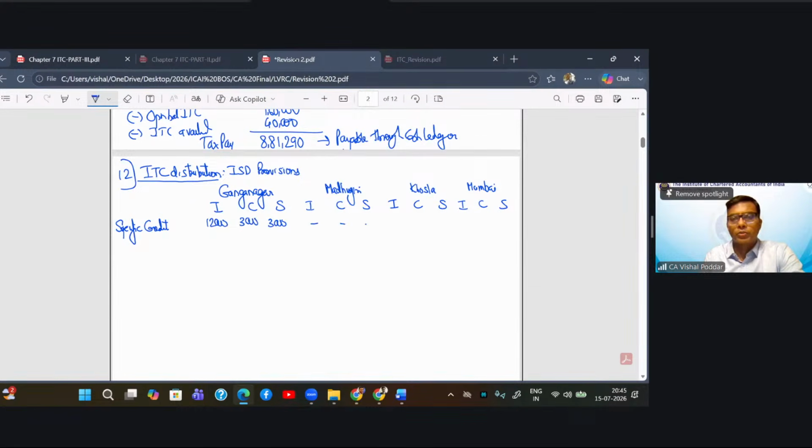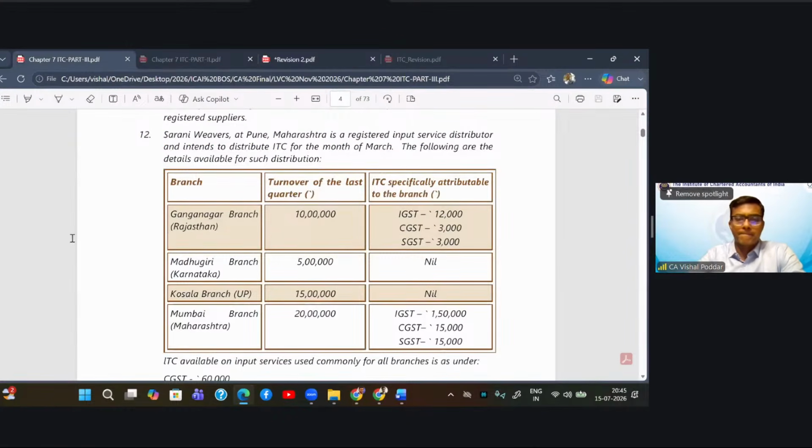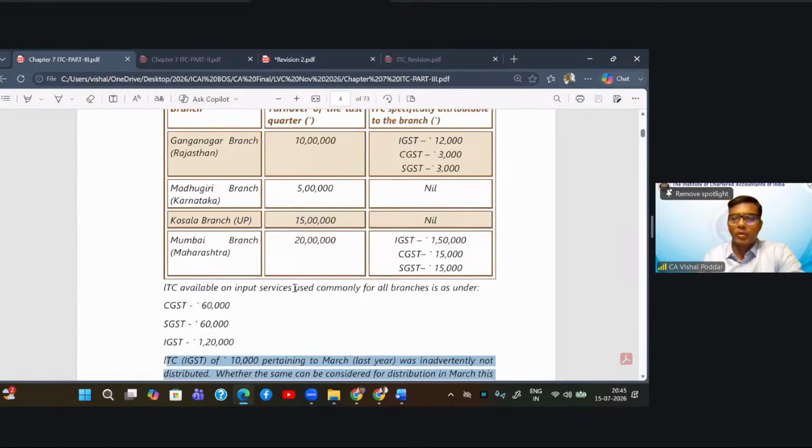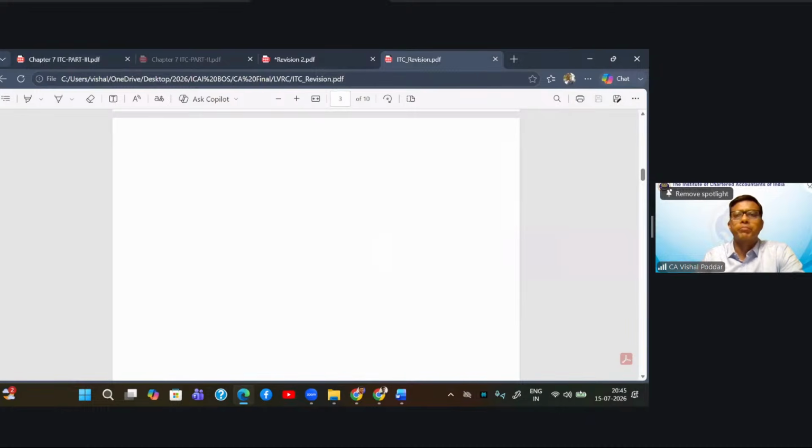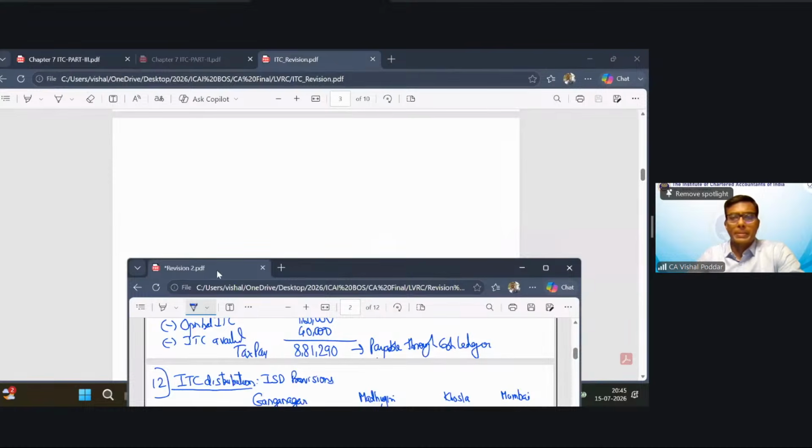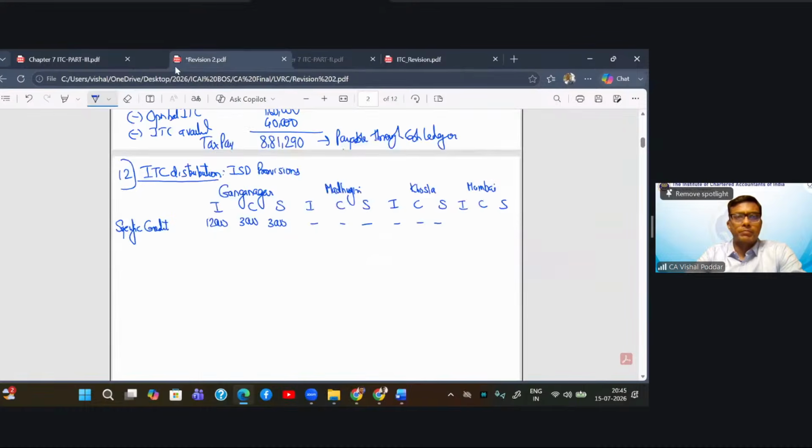These two do not have specific credits. Then again in Mumbai, you have 150, 15, 15. Now we have common credits.